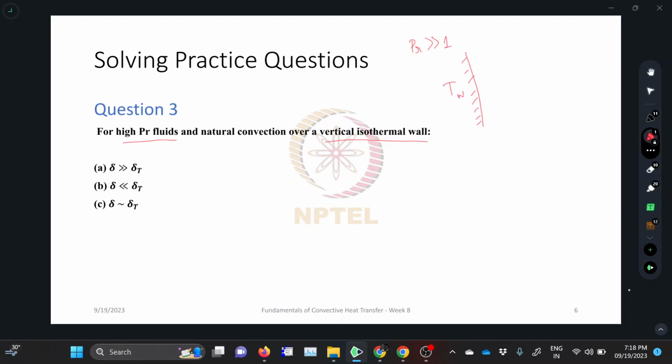Those boundary layers will have thicknesses delta and delta T respectively. So delta is for the hydrodynamic boundary layer, and delta T is the thermal boundary layer thickness.